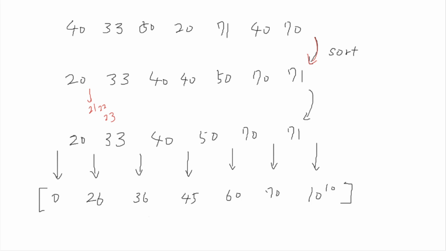So you should pick out only one number between 20 and 33, and we don't need repeated 40. So the next step is to cut out repeated numbers.